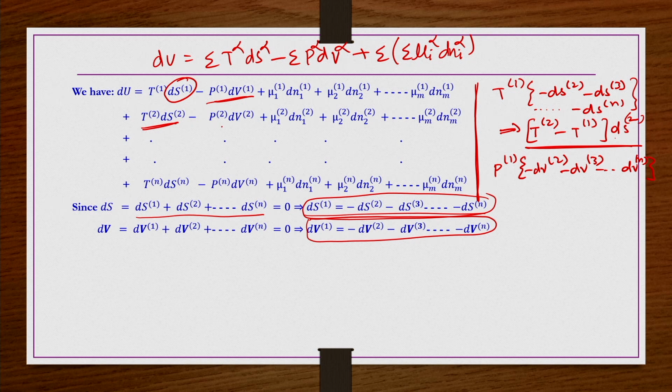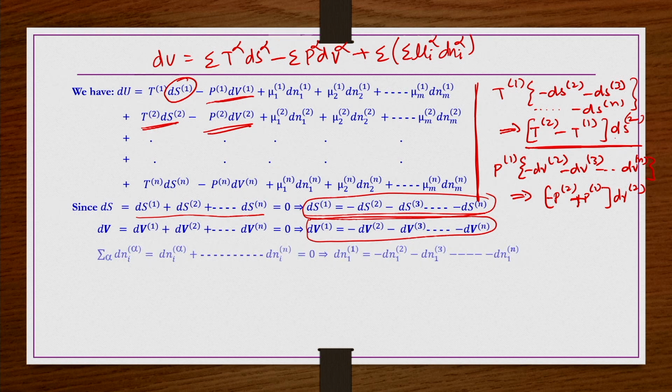Now, already there is a P2 dV2, and P1 multiplied by minus dV2, with a minus 1 here. So, plus P1 dV2. So, minus P2 plus P1 dV2, like this I can write.